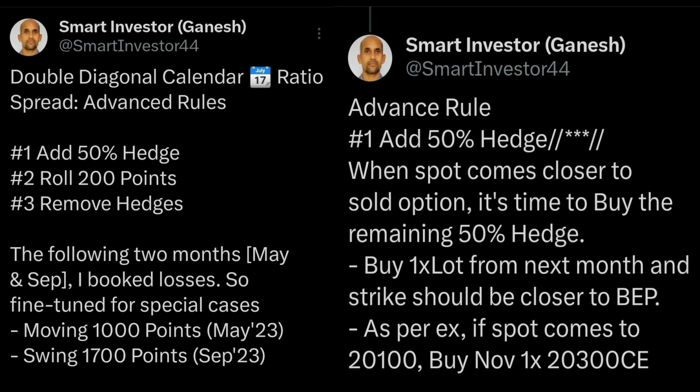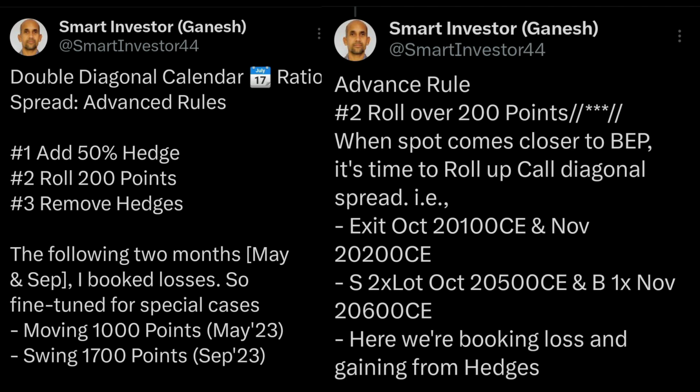Point number 2 is that we have to roll up the tested side calendar spread, which means when the spot is moving to the break-even point, either the upper side break-even or the lower side break-even, either side.